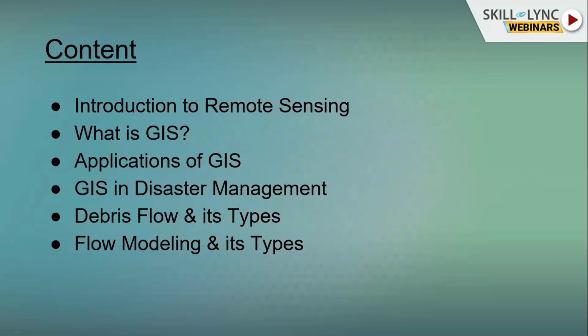Then, though GIS has various applications, today we will be dealing in detail with debris flow and its types, and I will be telling you what debris flow is, what its types are, and how to monitor the disaster. Then flow modeling is a technique that we will be using to delineate or to model the debris flow. So this will be an important section of this whole presentation.